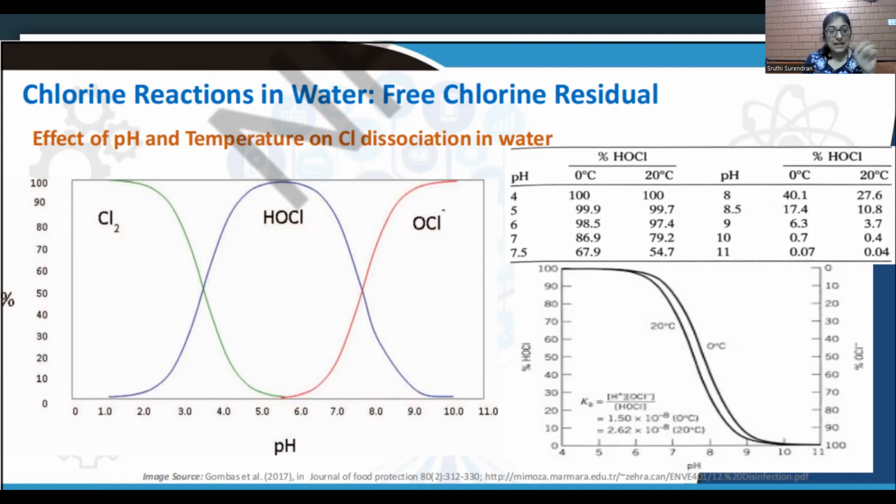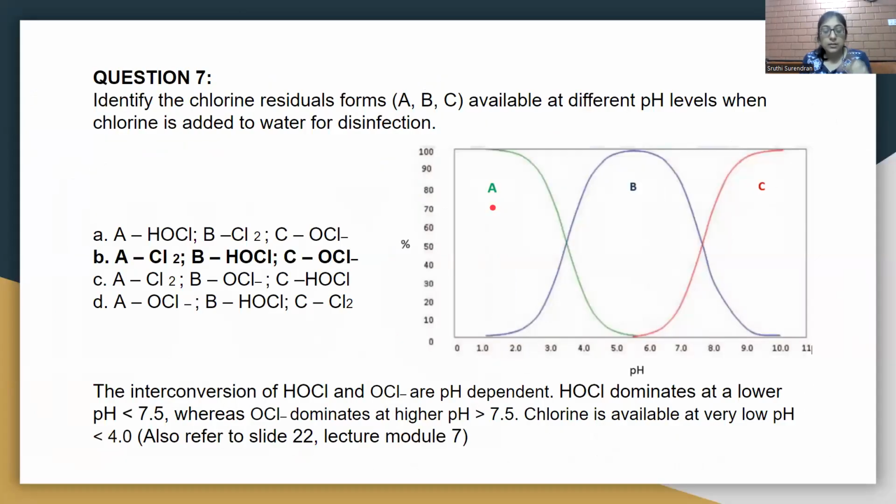At a pH less than 4, the chlorine exists as the chlorine molecule itself. At a pH greater than 4 and less than 7.5, it is existing as hypochlorous acid, HOCl, and at a pH greater than 7.5, it is existing as hypochlorite ion, OCl minus.